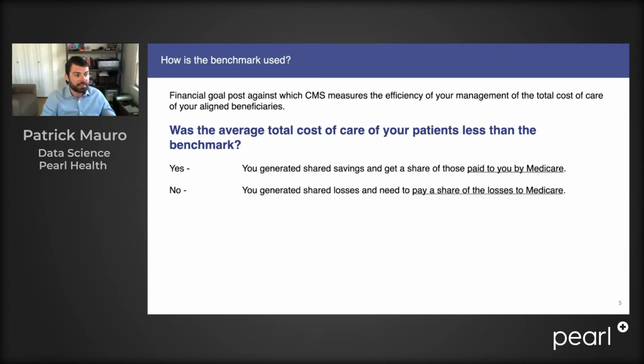We're not going to discuss that right now, but up to 5% of that total cost of care is attached to the quality score that is attributed to your panel. And there are plenty of resources online about that. If you have any questions, our contact information is at the back of this presentation. Just feel free to reach out to us.